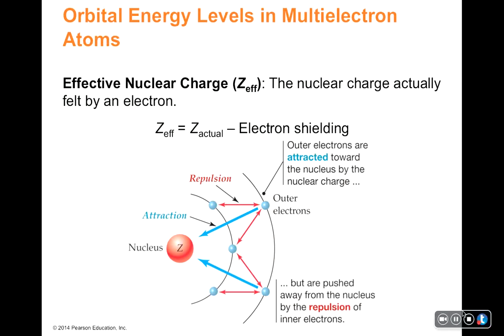So as those outer electrons get further and further from the nucleus, their effective nuclear charge, or the amount of charge they actually feel, is less due to this shielding by the electrons in shells below them. And this, as you can imagine, affects how those electrons will interact and react.